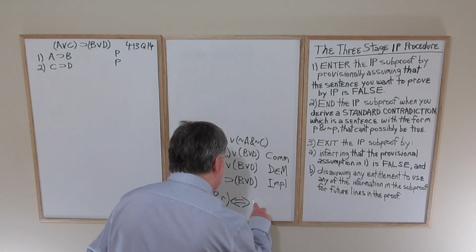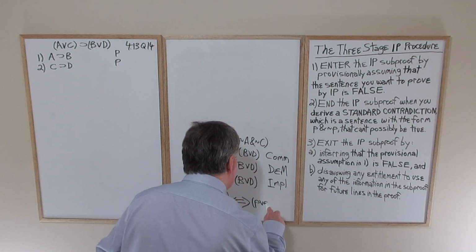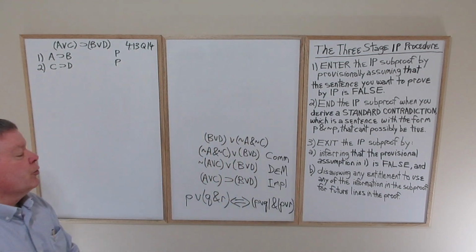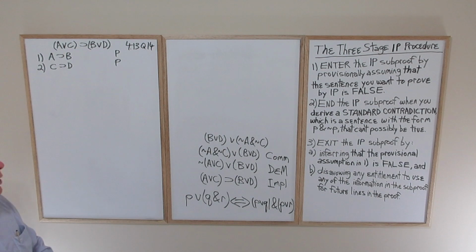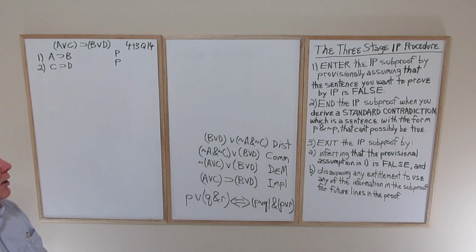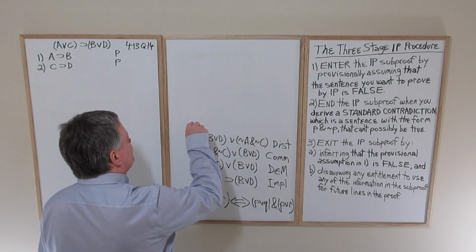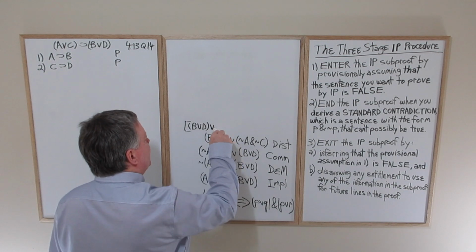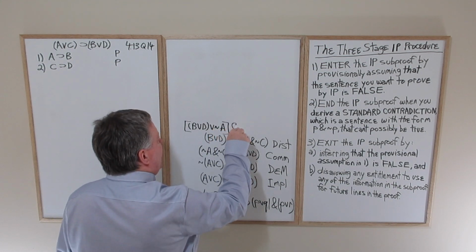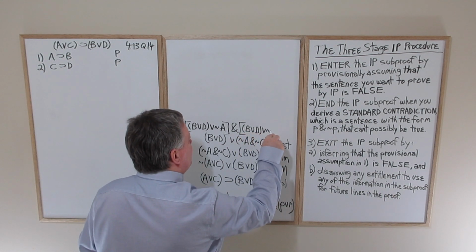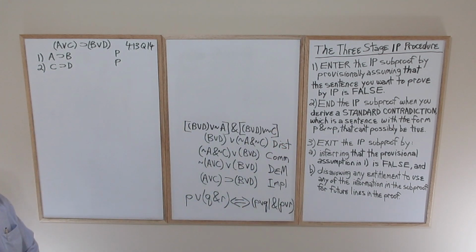We can get that from the conjunction P or Q and P or R. So we'll get this by distribution if we could only get the following conjunction: B or D or tilde A, and B or D or tilde C. So how are we going to get this conjunction?